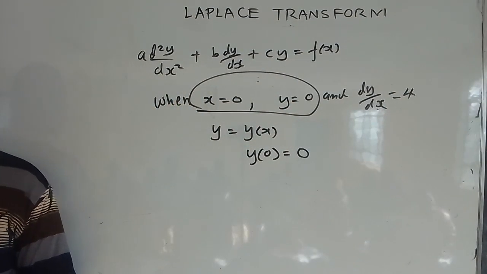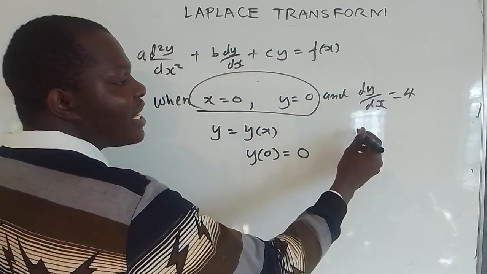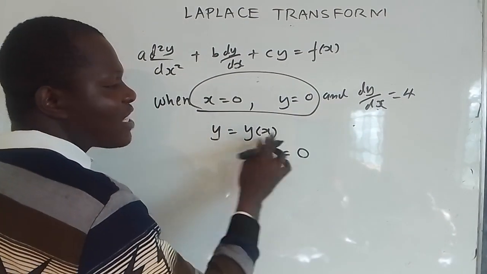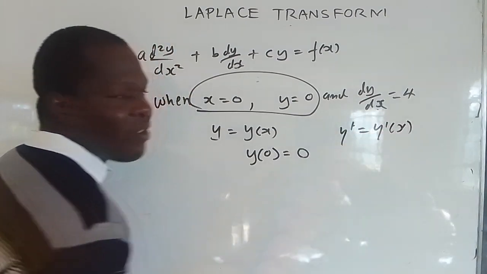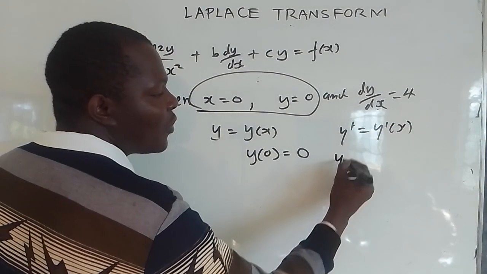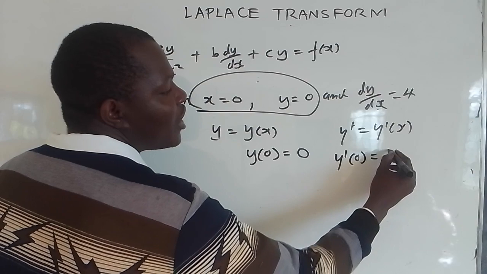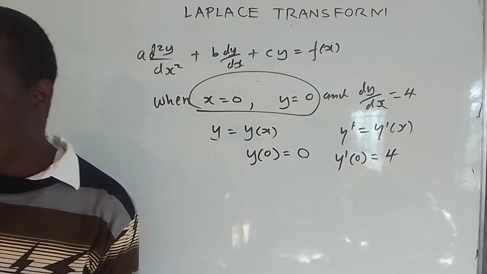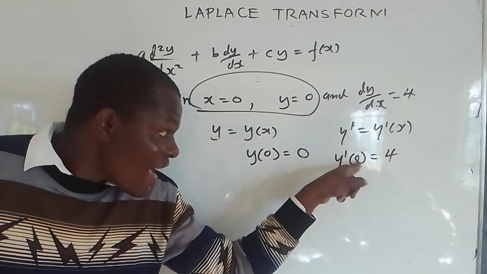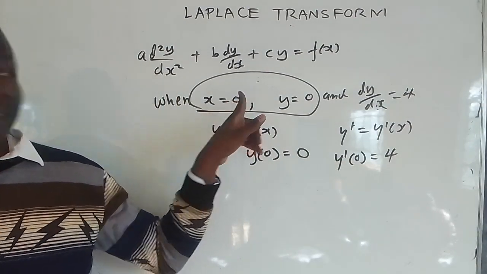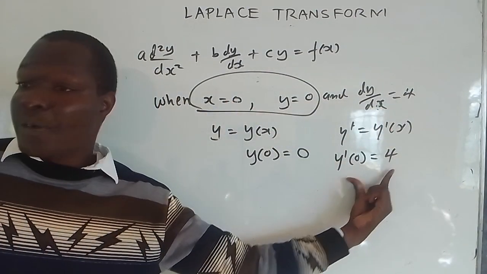Then again they will say dy/dx, you know that is the first derivative. So if y is a function of x, if you differentiate both sides, you get y prime as the derivative of that. So they will write for you y prime of 0 is equal to 4. Meaning they are telling you that the first derivative is 4 when x is 0. So they are joining this and this in that form.